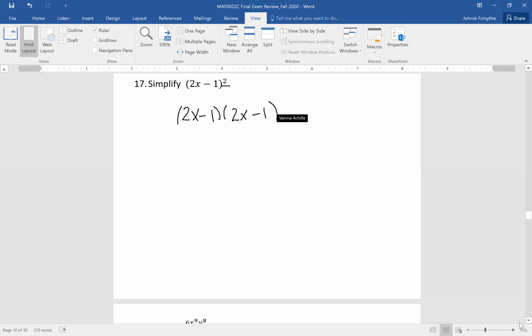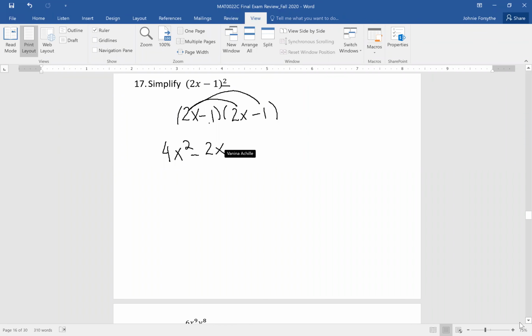Okay, so I have to distribute in order to solve this. So I'm going to times this by this, and then by that. So 2x times 2x, that's 2 times 2, which is 4. X times x is x squared. Then I have 2x times negative 1. That's negative 2x.